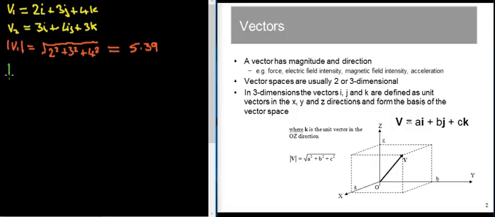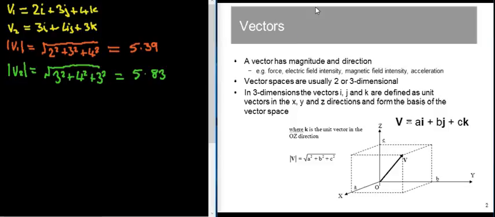So just to go through that now, vector 2, we have the square root of 3 squared plus 4 squared plus 3 squared. And if I've done my sums right, I think that is 5.83.